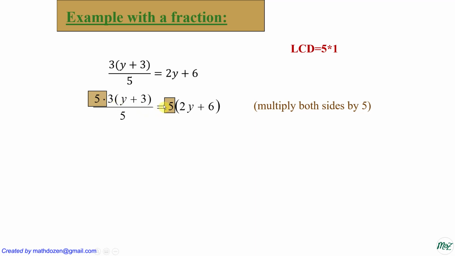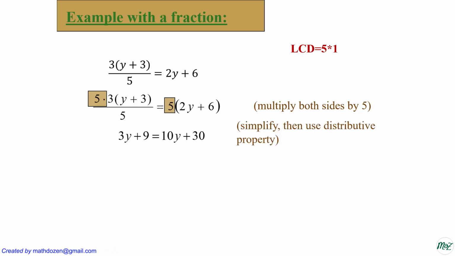And 5 on the right-hand side will stay with us. We're going to use it later as a distributive property, which gives us 10y plus 30, which is 5 times 6. Now on the left-hand side, since we were able to reduce by 5 the numerator and denominator, when we use the distributive property, it leaves us with 3 times y and 3 times 3 only.